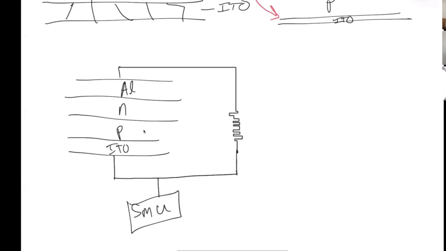Oh, that was interesting that it did that. And again, this will be our grounded electrode, and then down at the bottom is our hot electrode.